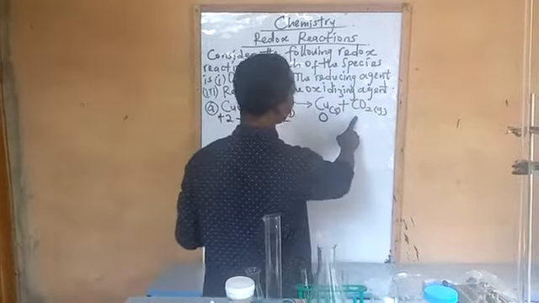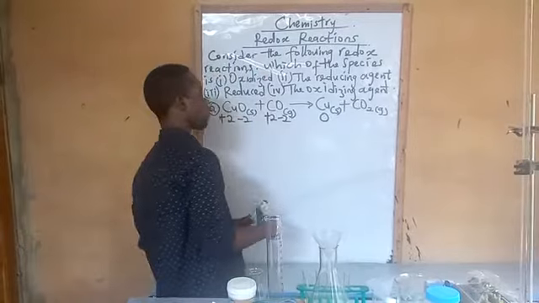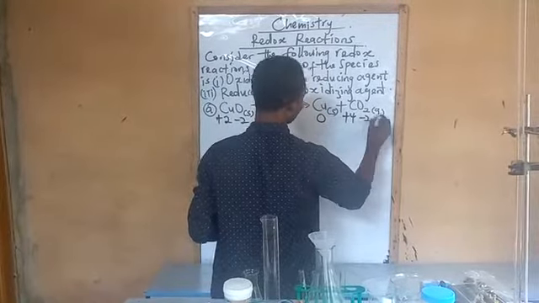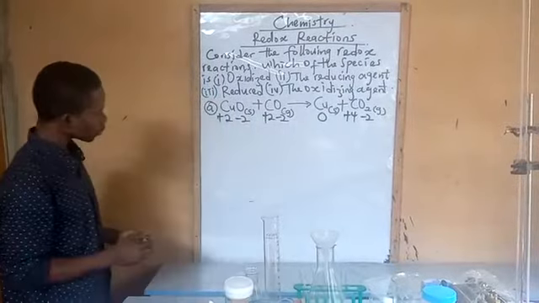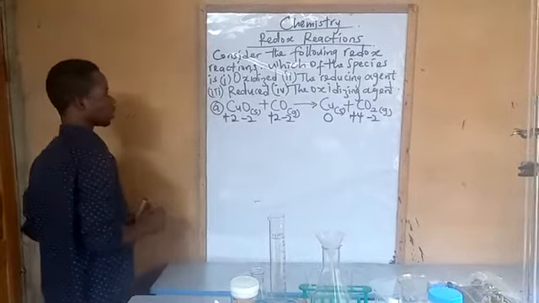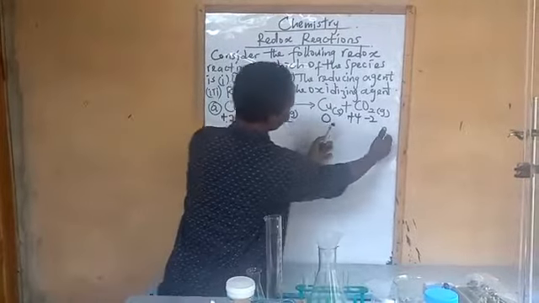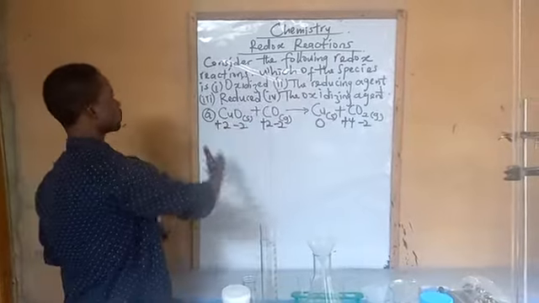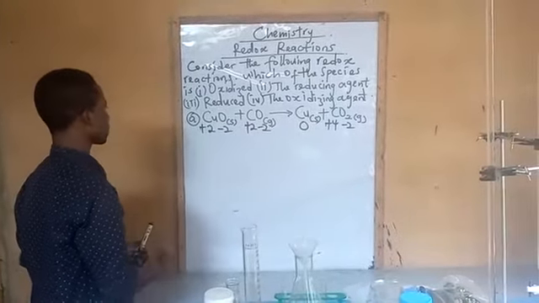Now this one is carbon 4 oxide. Carbon 4, that means +4 and -2. You have to label the oxidation numbers like that. Now, let's compare the reactant side to the product side to know which one is oxidized, the reducing agent, which is reduced, and the oxidizing agent.